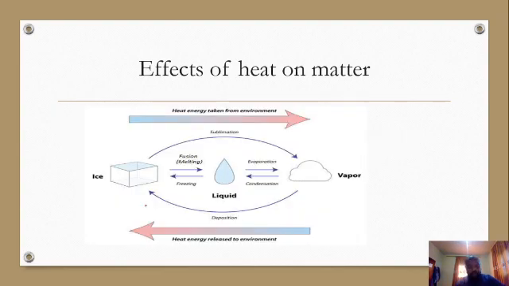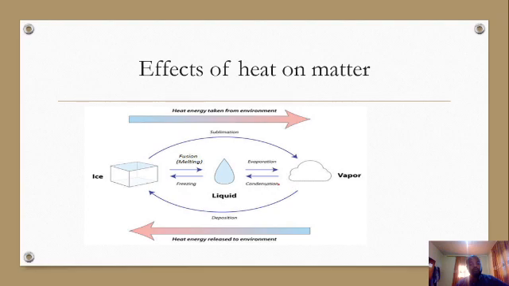So now this is the whole process in one picture. If we have ice and you heat it, it becomes what? It's melting. If you melt it, it becomes liquid. If you boil the liquid and evaporate, it's called evaporation. It becomes vapor, gas.